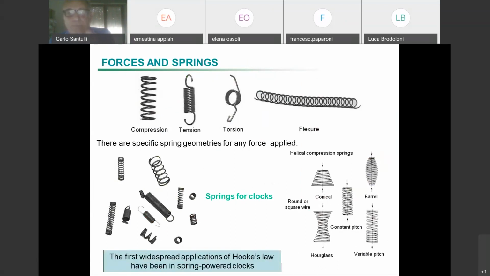For example, pegs have a torsion spring, a typical torsion spring. And the ball pen has flexural springs. This is for a seat, the most typical one, the compression spring.